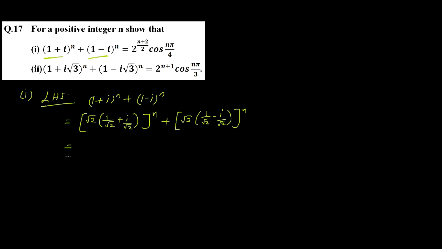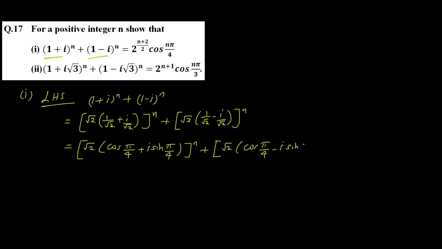Now this root 2 is here. 1 by root 2 can be written as (cos pi by 4 + i sin pi by 4) whole power n, plus root 2 (cos pi by 4 − i sin pi by 4) whole power n.